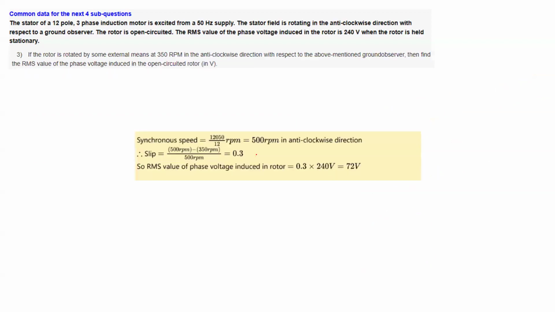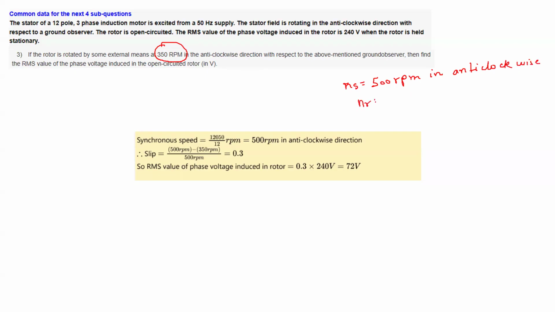Now again, they are just changing the speed. Now they have made it 350. Here again, Ns is 500 rpm in anti-clockwise.